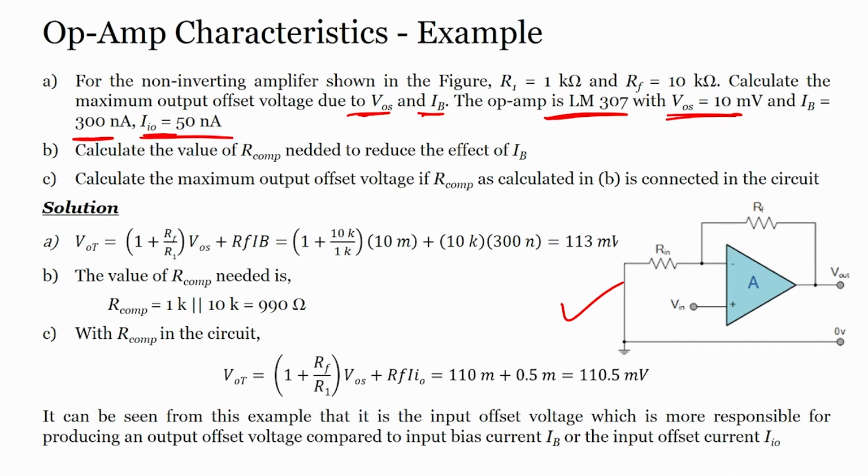First thing is we have to calculate the maximum offset voltage. The maximum offset voltage VOT is nothing but (1 plus RF by R1) into VOS plus RF into IB.